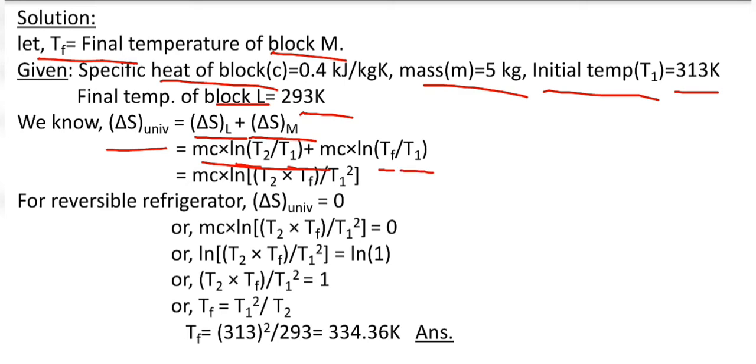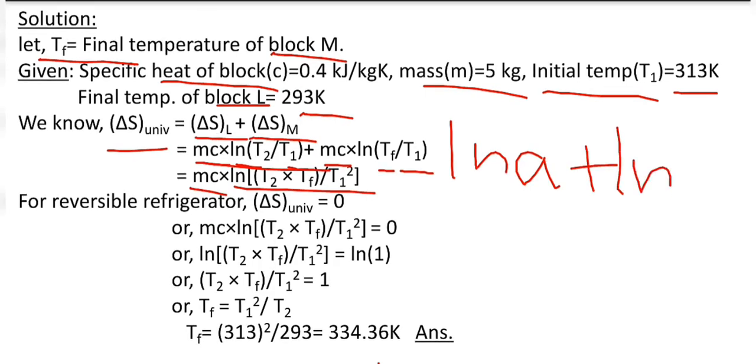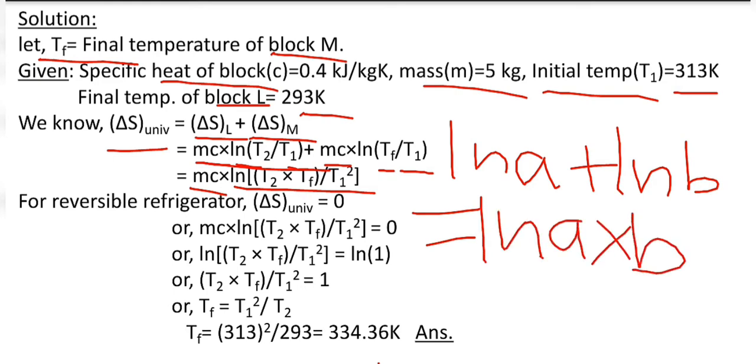The mass and specific heat are the same for both, so it is equal to mc into ln of T2 into Tf divided by T1 square, written using the formula ln A plus ln B equals ln A into B.